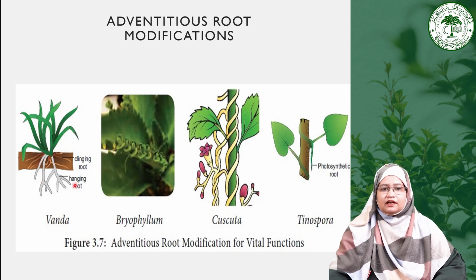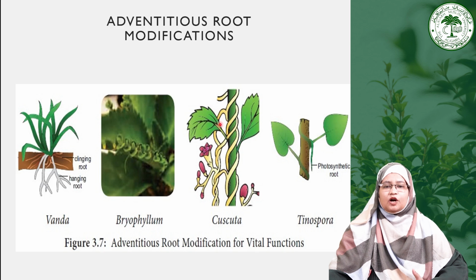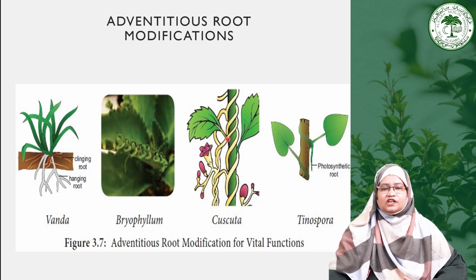Then in bryophyllum these roots are used for reproduction. Then in cuscuta they have a haustorial root, they absorb the food material because cuscuta is a stem parasite, and the roots penetrate into the host system, and from there they absorb the food material.